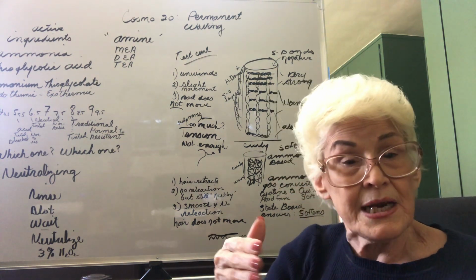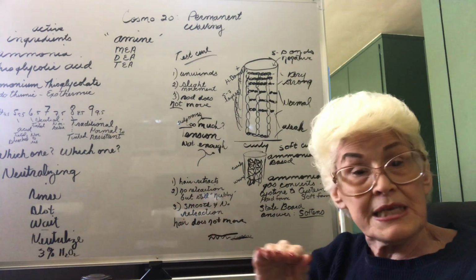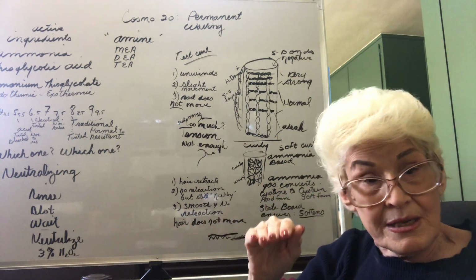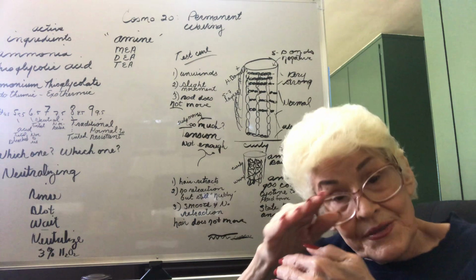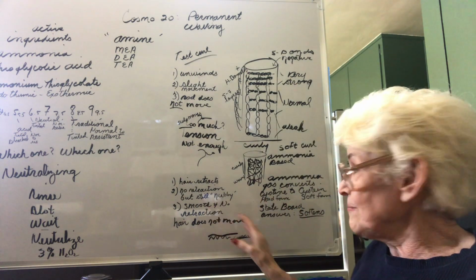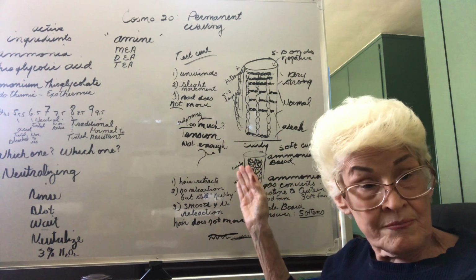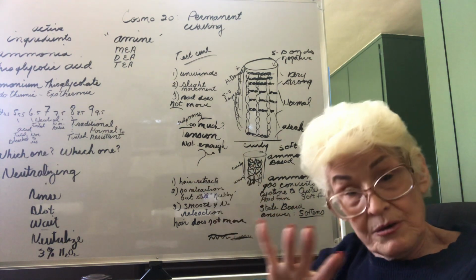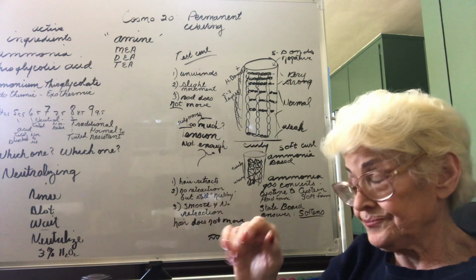When I release the hair, it will go back to curly, and you may see it pushing out the cream that was in the dip. Pull it back out and push it back in. Remember that my ammonia is positive, so is the cuticle. So I am going to get that kind of a repelling action there.